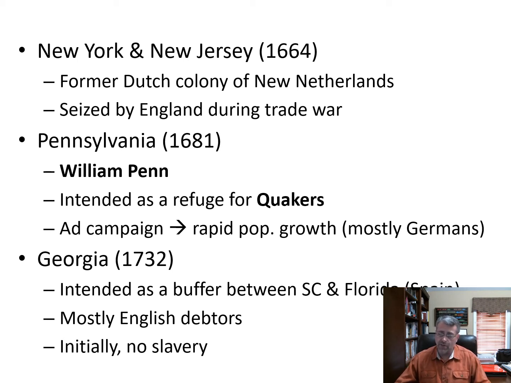Spain did not have any slaves in Florida, and in fact they had a standing offer to slaves in the British Empire. So if you're a slave in the British Empire and you can make your way to Florida, we're going to give you your freedom. You'll live here as a free man. So in order to keep slaves from South Carolina escaping into Spanish Florida, they prohibited slavery in Georgia so that it would be easier to identify the escaped South Carolina slaves.